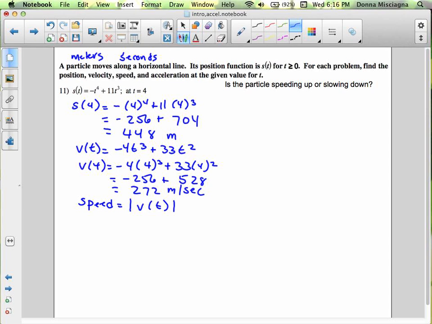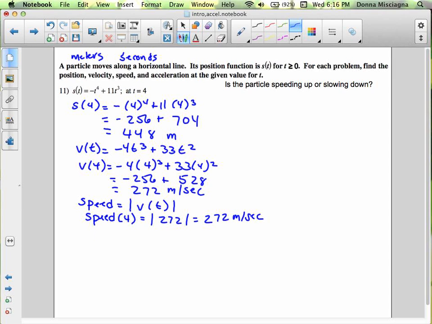So the speed when t is 4 is going to be the absolute value of 272, which is still 272 meters per second. Speed and velocity are the same when velocity is positive.